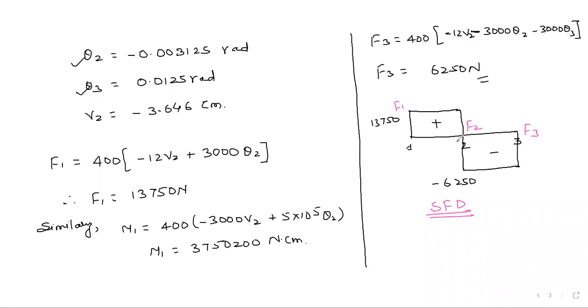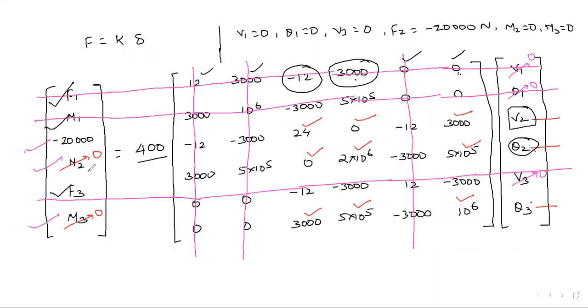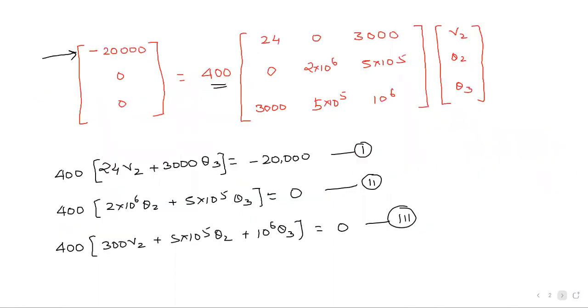If they are asking for the bending moment diagram, we know the bending moment at node number 2 and node number 3 is 0. Only we have the M1 value. We have M2 and M3 as 0. So how will you draw the bending moment diagram?